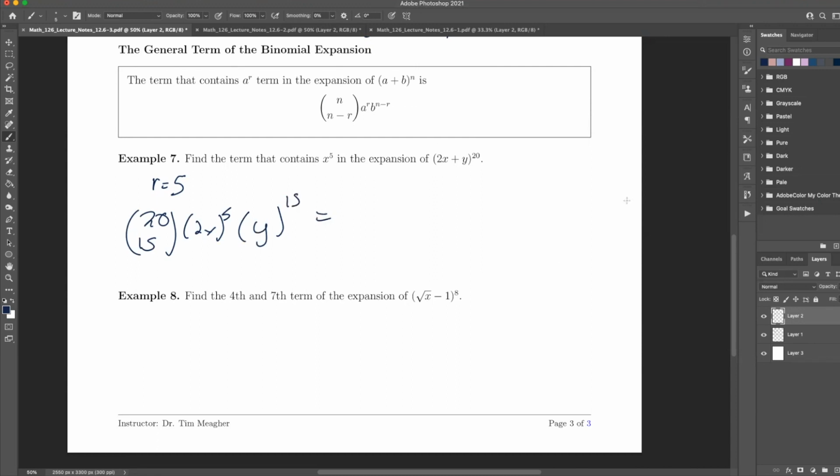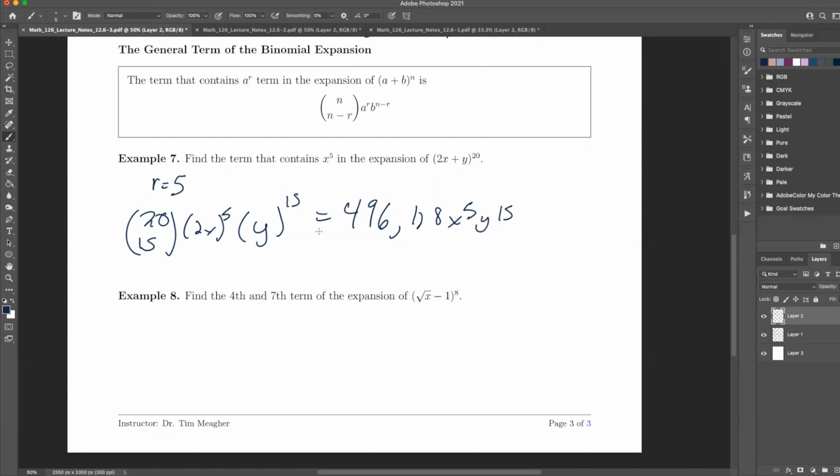You crunch through this using what I showed you, and this is 4,996,28x to the 5th y to the 15. Okay.